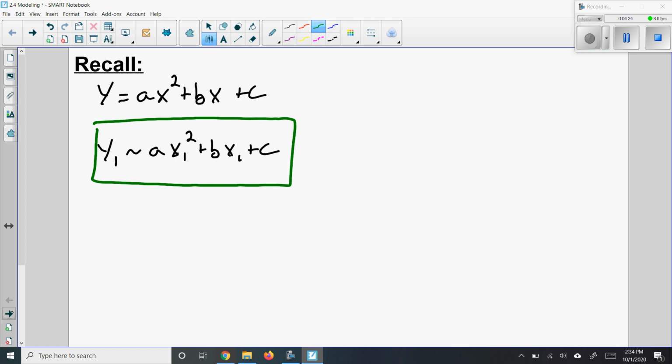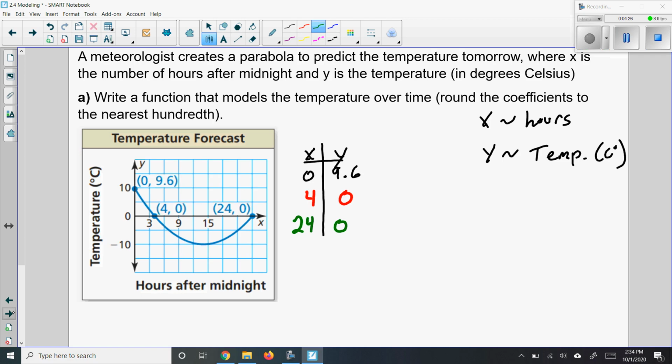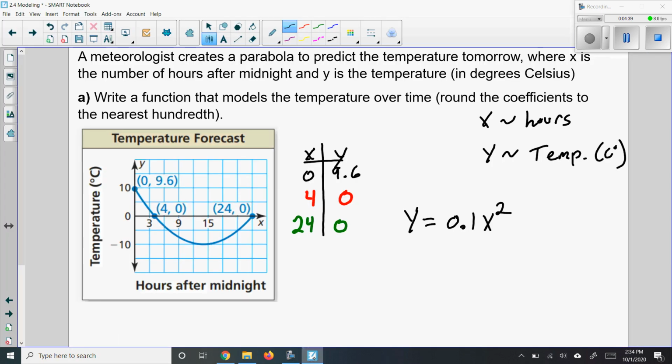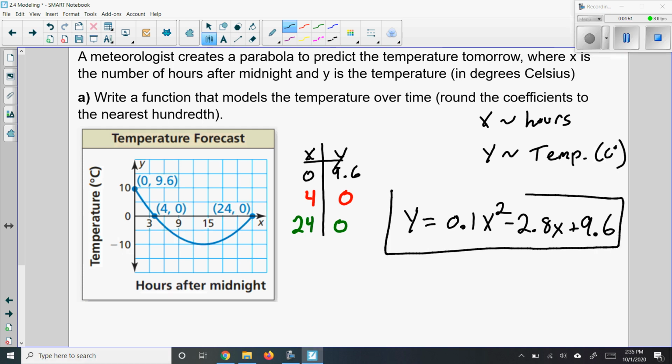So our regression equation for this model is y equals 0.1 x squared. B is negative 2.8, so minus 2.8x, and C is 9.6. So this is our model.